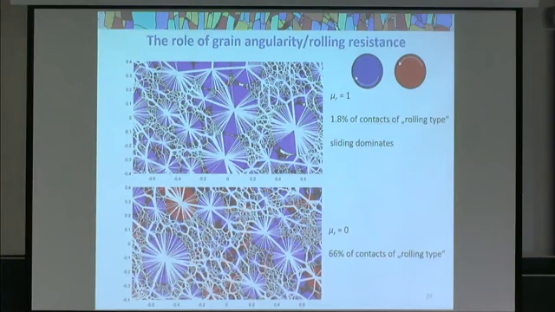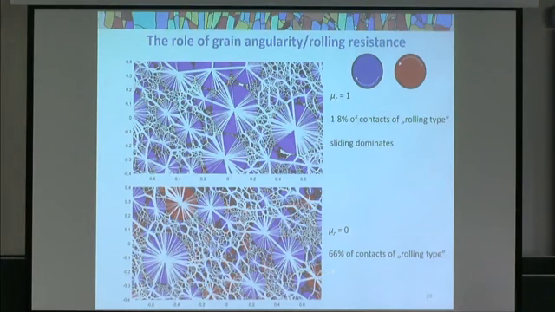But when we start the model with a certain grain size distribution, it evolves naturally towards a kind of packing that is characteristic or related to this kind of grain size distribution that we selected.